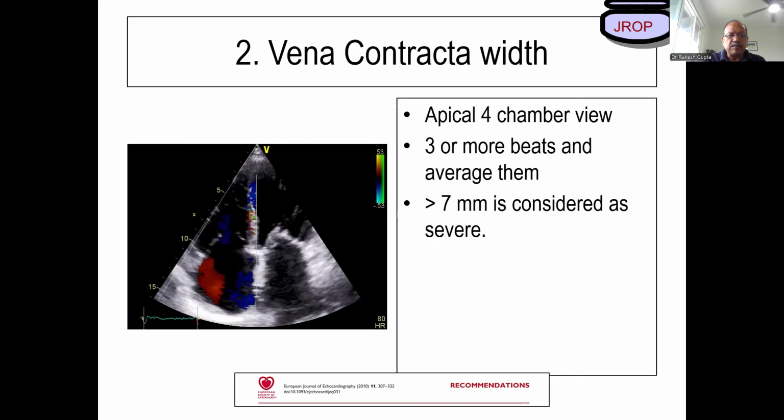Can you show on the image, sir? Give me a second. Free wall TDI. So I have to go to pulmonic evaluation. Give me a second. Let me go to pulmonic evaluation.